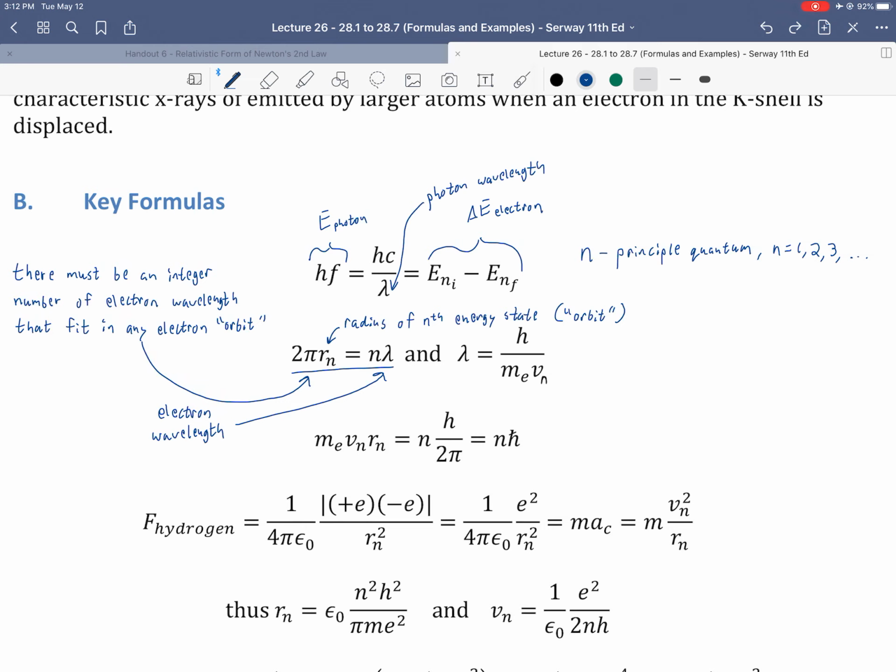We have n is still the principal number, so nothing new there. h we've already seen, but I actually want this to be pretty standalone. c is the speed of light. No surprise there at all. And I'm going up to the line above just to fill in things I hadn't labeled. h is Planck's constant. Okay.